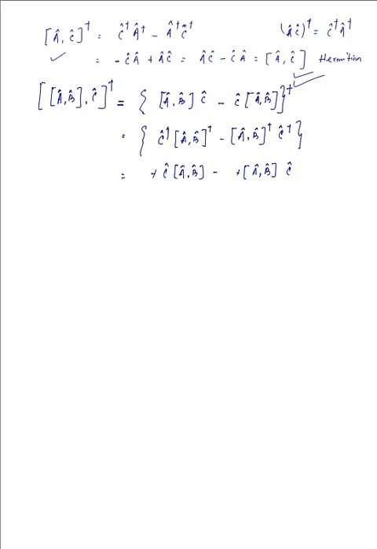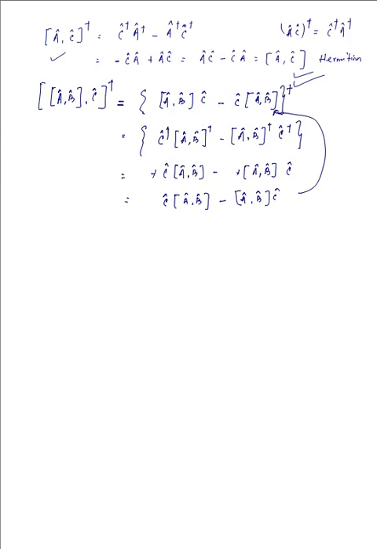So what we are left with is CAB minus ABC, which is actually the negative of this inner term.